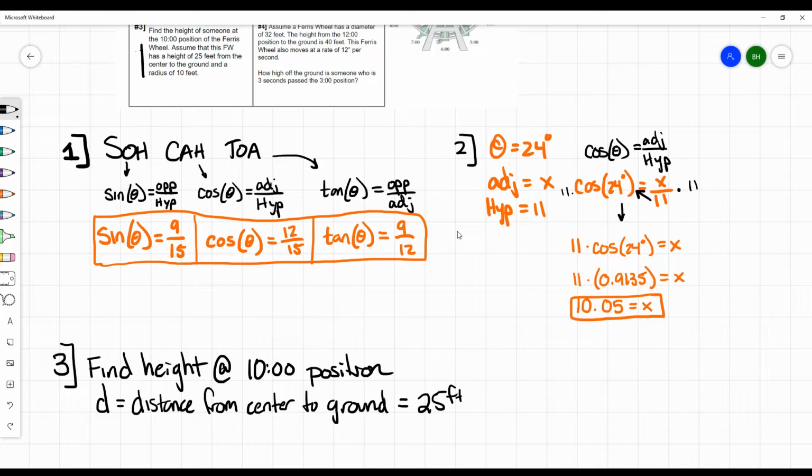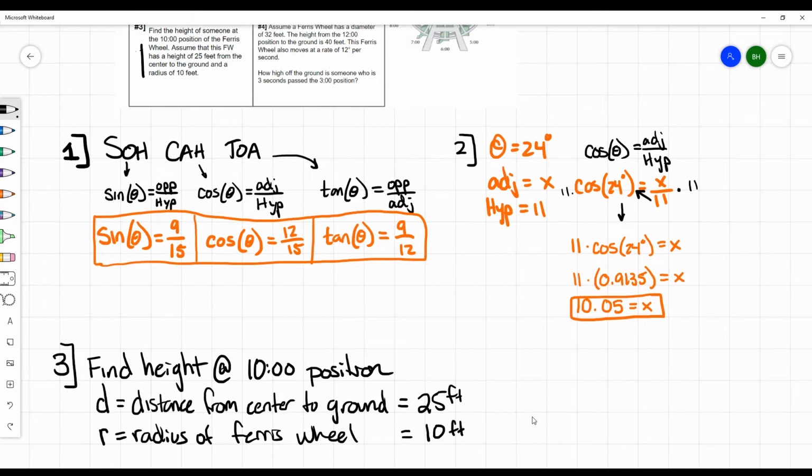This value of d will change depending on what kind of Ferris wheel we're working with. And then r is going to be the radius of the Ferris wheel, which is really important because you'll see in the next problem I give you the diameter, not the radius. So you got to think about it a little bit more intently.